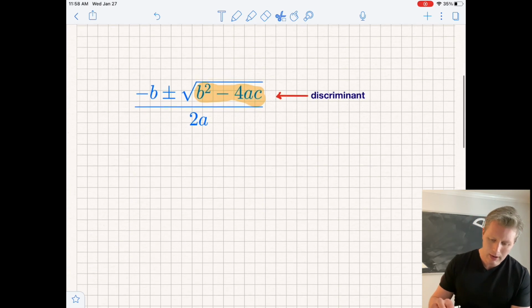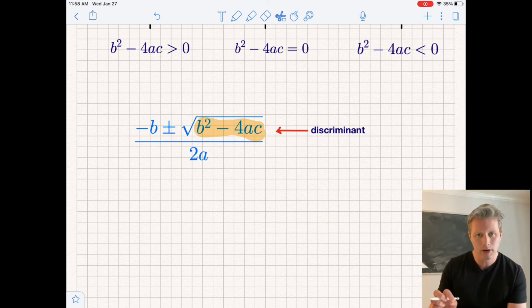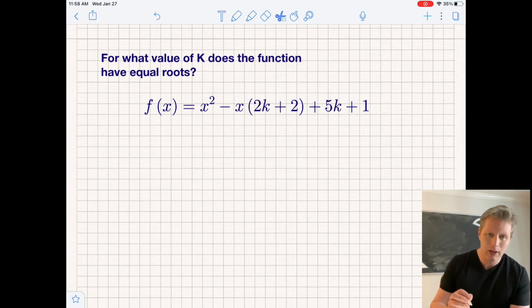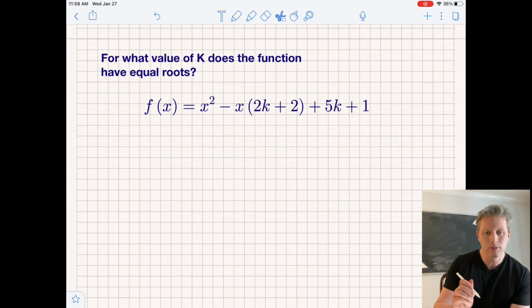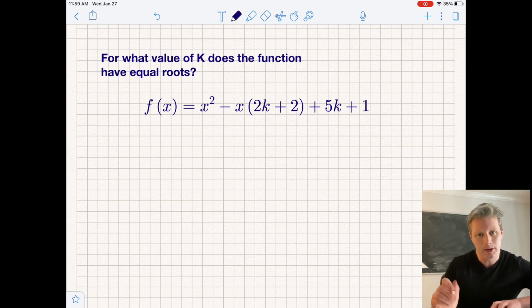And so in that case, as we have seen, b squared minus 4ac, the discriminant, will be equal to 0. So this function will have equal roots for values of k for which the discriminant is equal to 0. What we want to do is find a, b, and c, the coefficients on our x squared, our x term, and our constant.